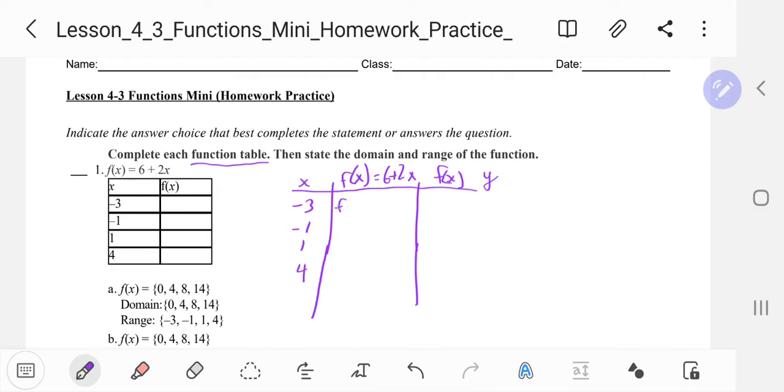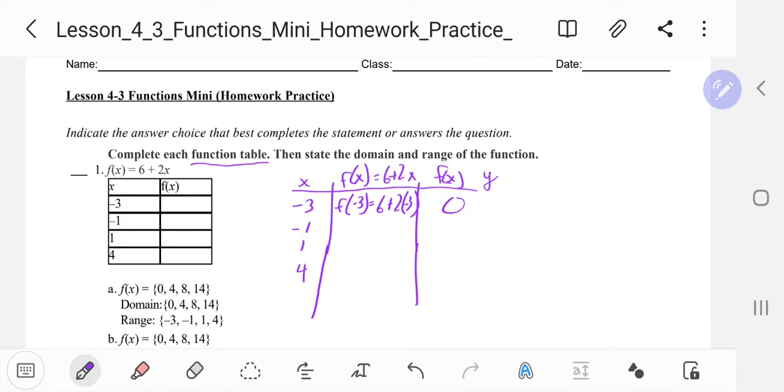So what is the value of this function when x is -3? Well, we have 6 plus 2 times -3. We follow order of operations, so 2 times -3 is -6. And then 6 plus -6 would be 0.